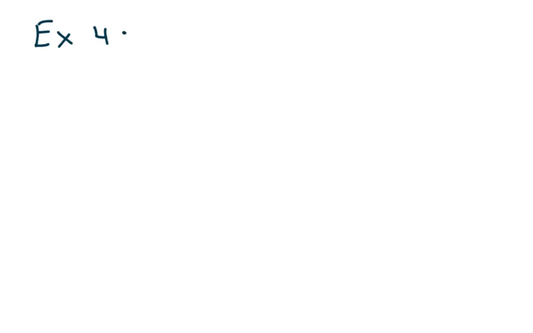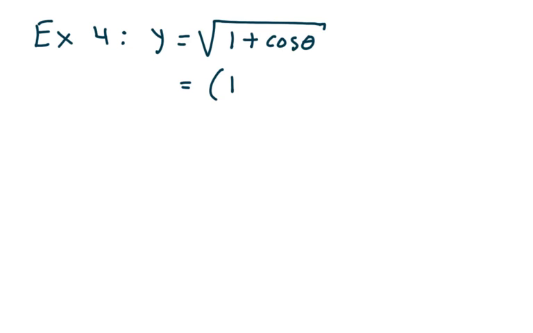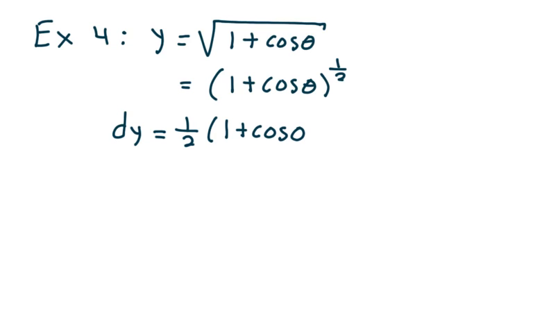So in this example, we have y equals the square root of 1 plus cosine theta, which again I would recommend writing as 1 plus cosine theta to the half until you get a little more used to it. So if I want dy, this is 1/2 times 1 plus cosine theta to the negative 1/2.